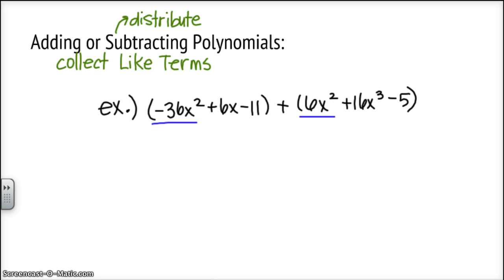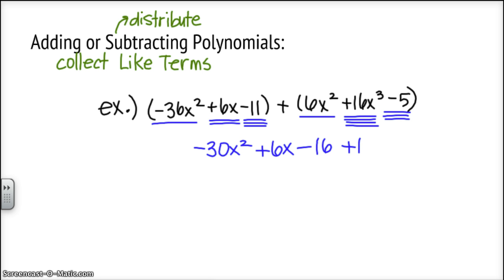Those are like terms. That makes negative 30x squared. I have a positive 6x. Nowhere else do I have an x term, so we're just going to leave it as plus 6x. Minus 11 minus 5, that's going to be minus 16. Plus 16x to the 3rd doesn't have anything to combine with, but we still need to include it.